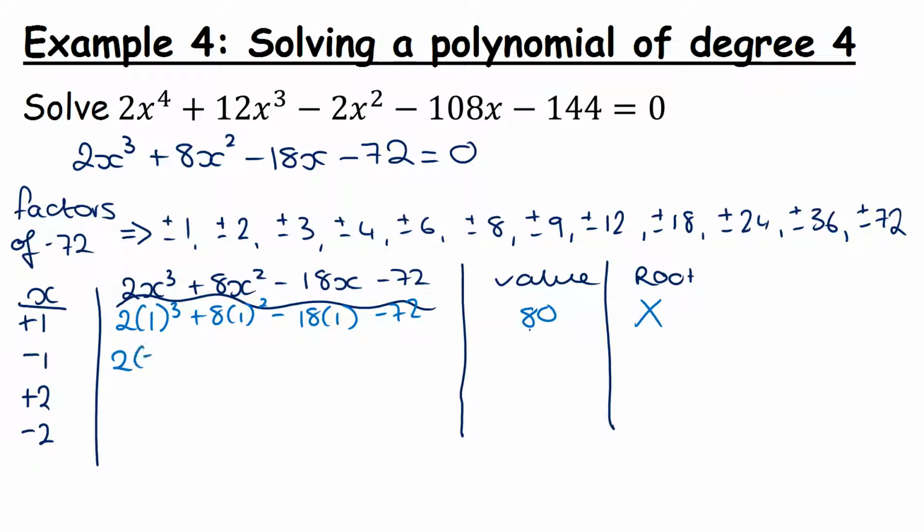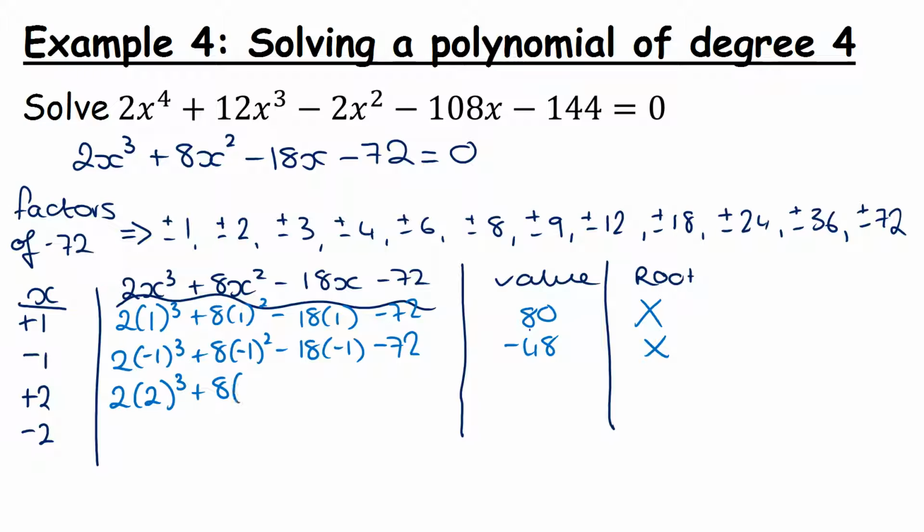Then let's sub in minus 1: 2 by minus 1 cubed plus 8 by minus 1 squared minus 18 by minus 1 minus 72. The value for this is minus 48, so again not a root. Let's work with plus 2: 2 by 2 to the power of 3 plus 8 multiplied by 2 squared minus 18 by 2 minus 72, and the value of that is minus 60, so again not a root.